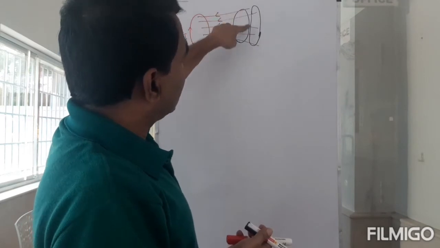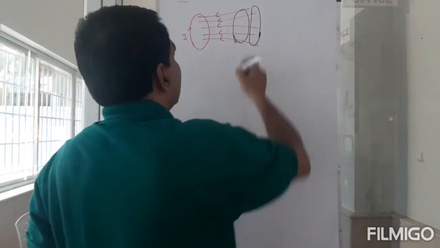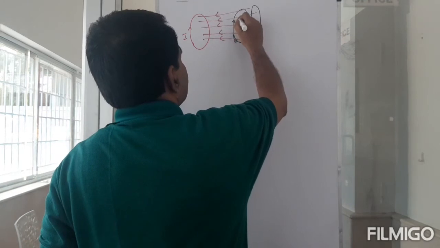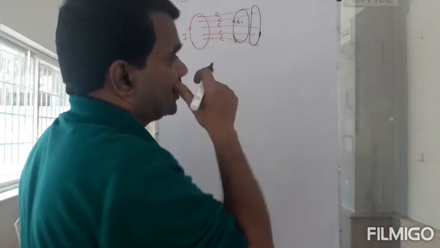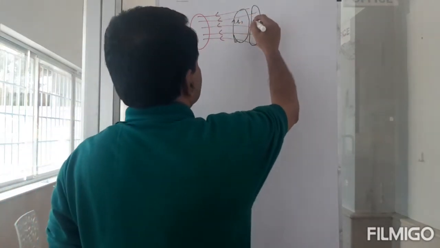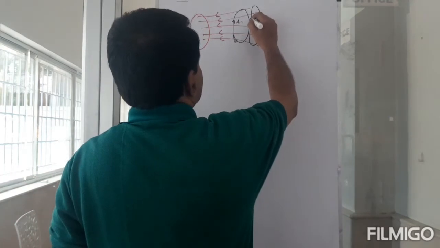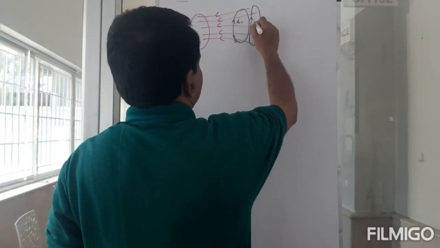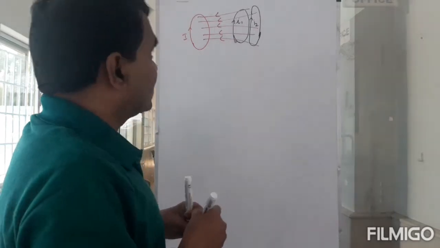So, a current, say small I1, would be flowing through this loop and another current, maybe I2, could be flowing in that loop.